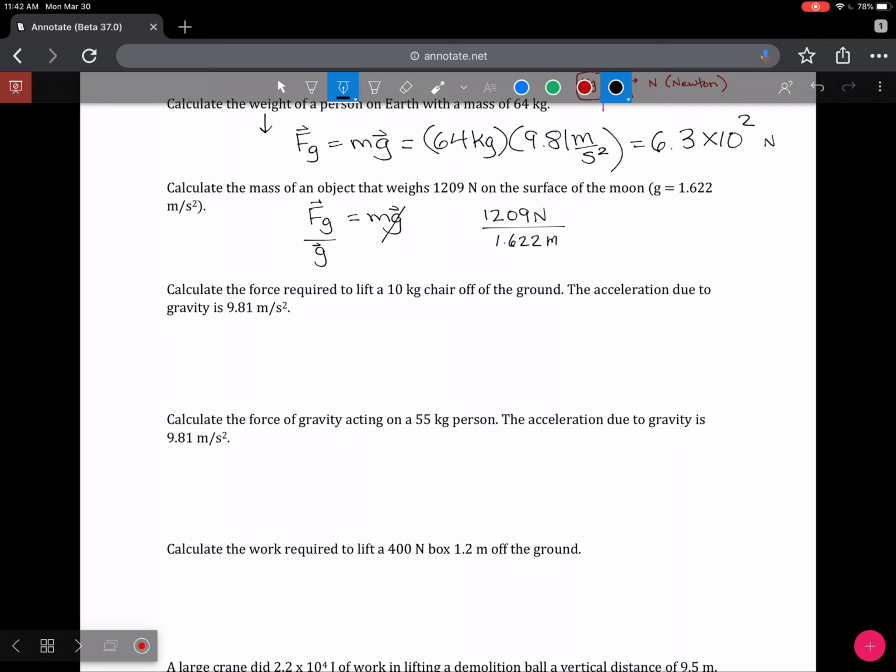This meters per second squared here in the bottom. And this will calculate our mass. And it looks like we have 4 significant digits. So let's get this. 1209 divided by 1.622 is 745.4, and we know that this is in kilograms.